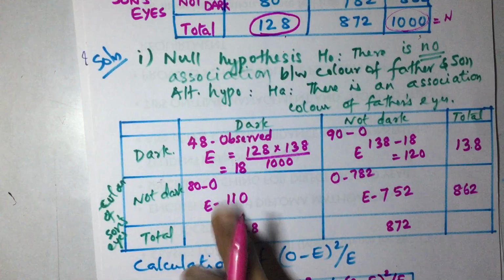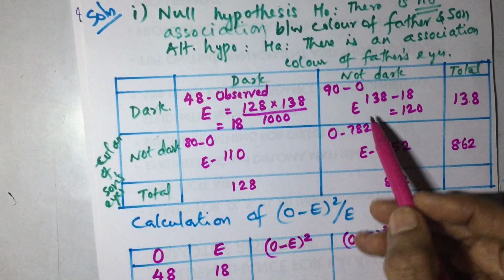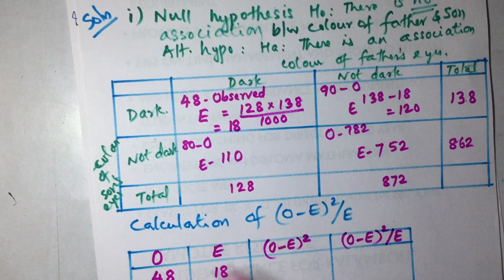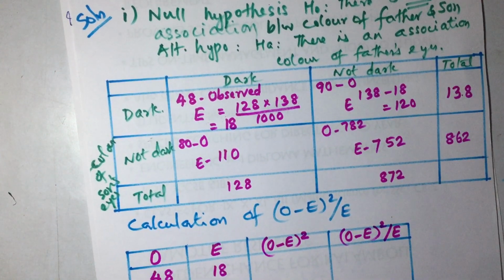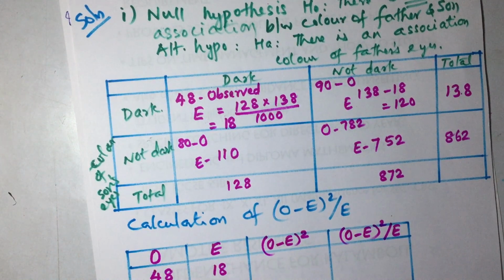If you write like this, it will be easy for you to find it. Then the next observed frequency is 90, expected frequency is 120. Now here observed frequency is 80, expected is 110.